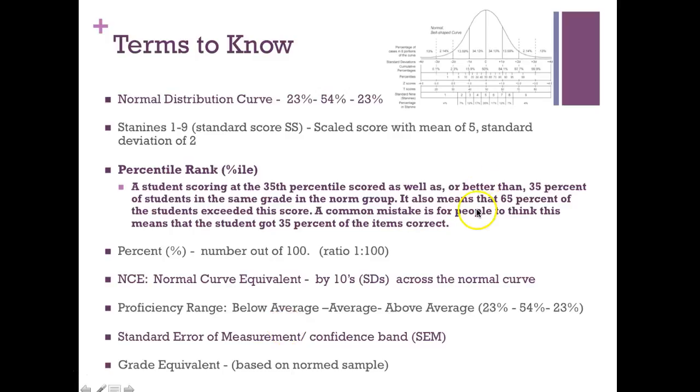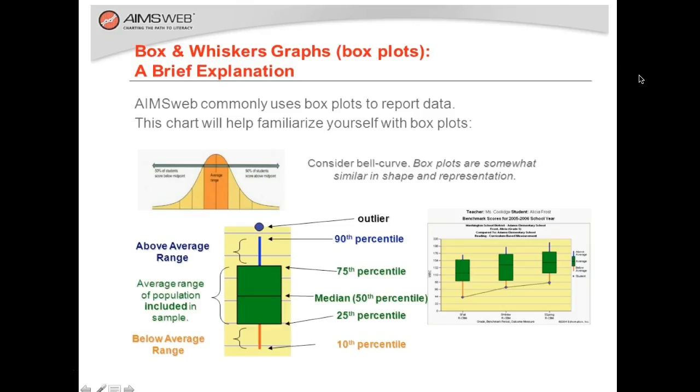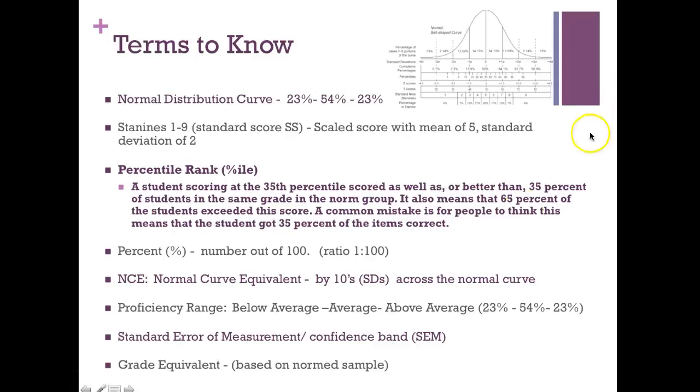Proficiency range, as you saw, below average, average, above average. And for the criterion-based assessments, they will have proficiency levels of far below average, below average, average, above average, far above average, and they basically fall into these same categories here. It's very convenient, this distribution curve. Standard error of measurement is a confidence band, and I'm going to explain that to you in another visual in a minute.